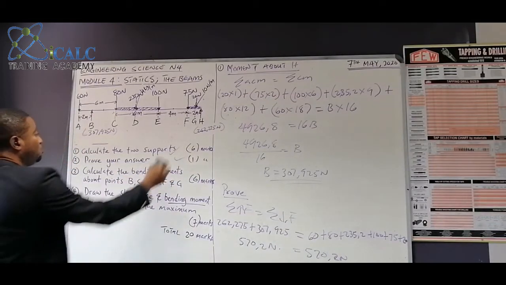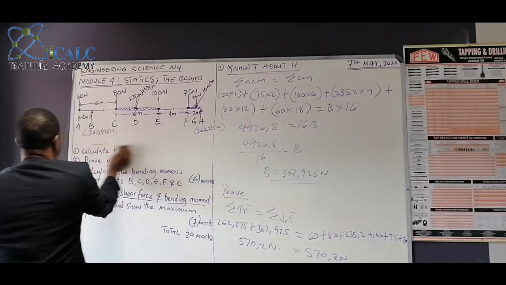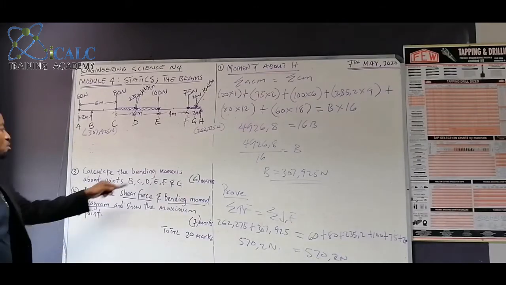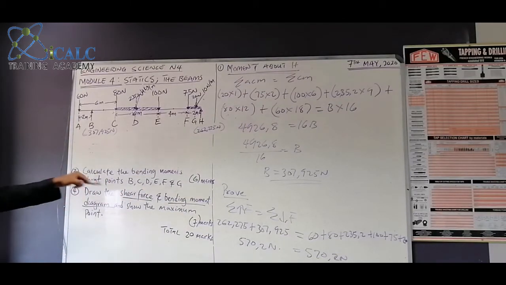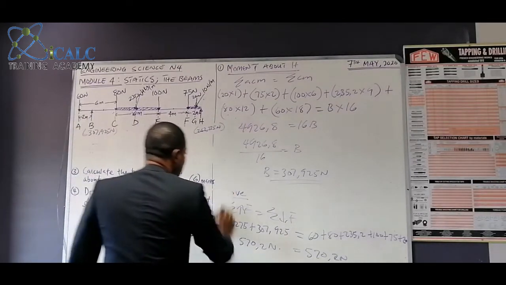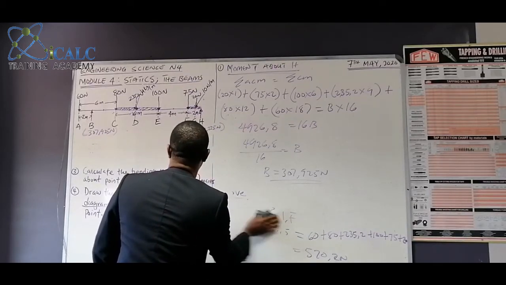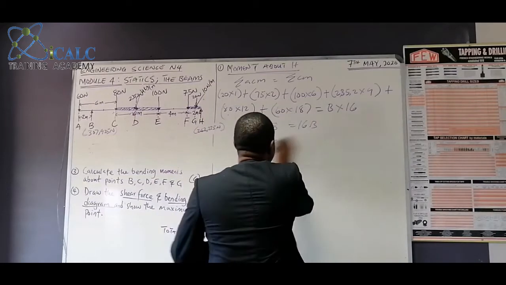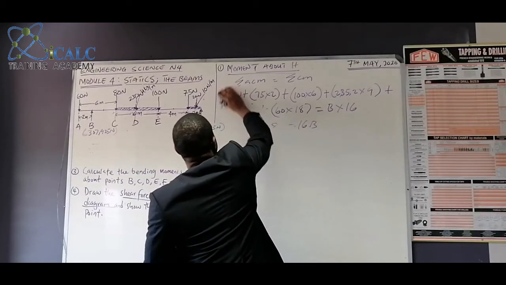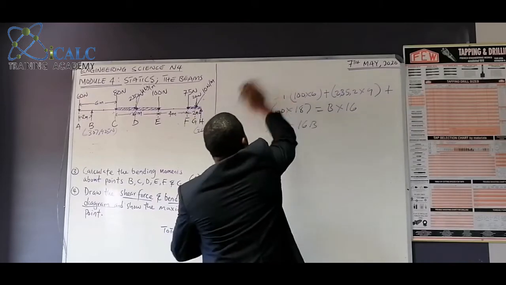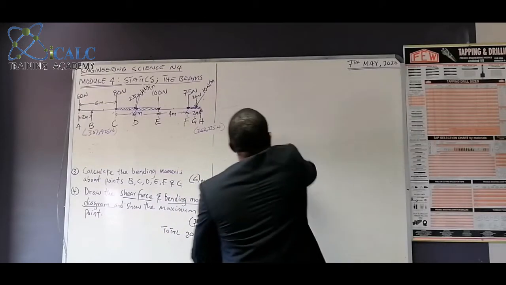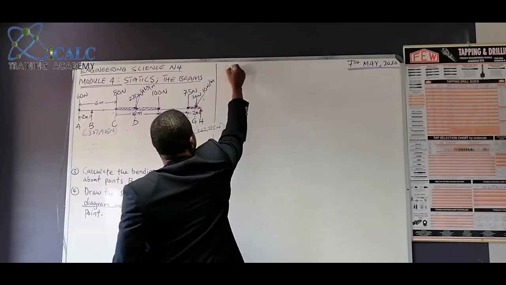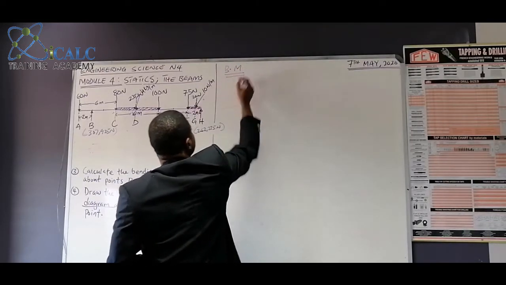And then we can go to question number 3 now. They say we should calculate the bending moment about point B, C, D, E, F, and G. Okay, so we will start the bending moments.